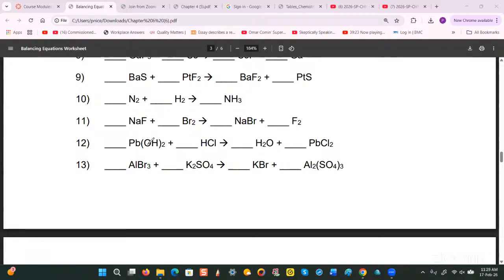So you can have hydroxide on the left, but not on the right. In this case, because you have 2 oxygen here and 1 here, I'll put a 2 here. And because you have 2 hydrogens here, 3 hydrogens here, and 4 here, put a 2 there. I think that is right, that will be the balanced equation.